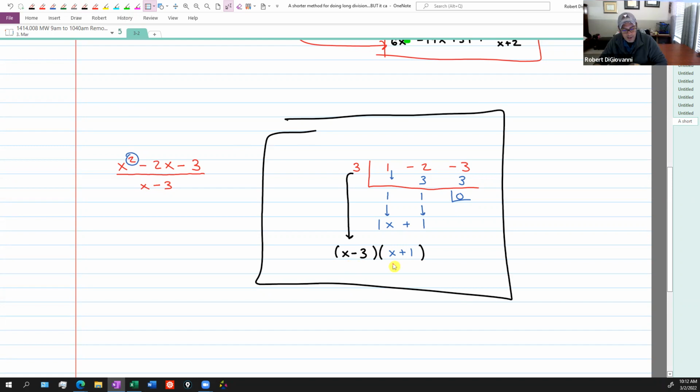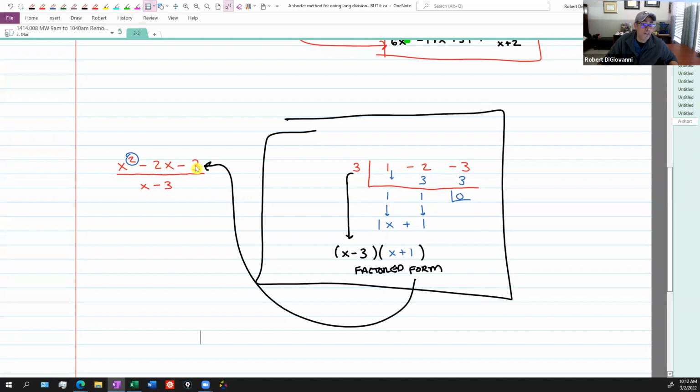And this right here is the factored form of the top, isn't it? In other words, I can use just the synthetic division box to create the completely factored form of the numerator. That's extremely powerful, as we're about to see.